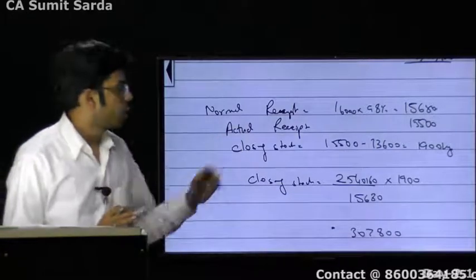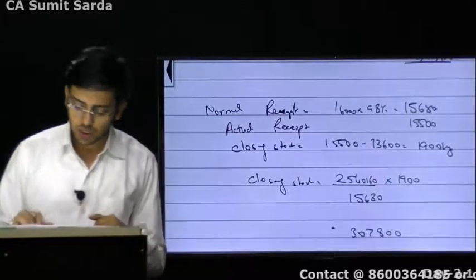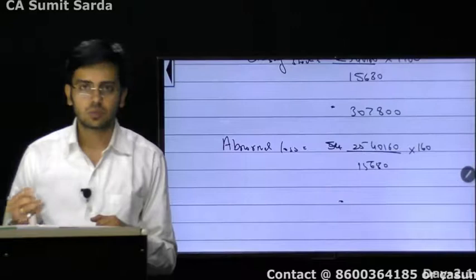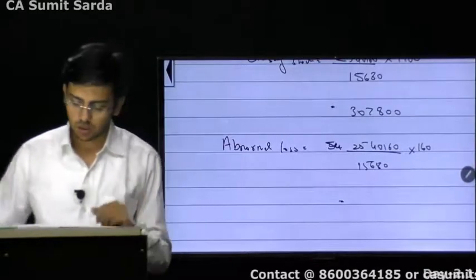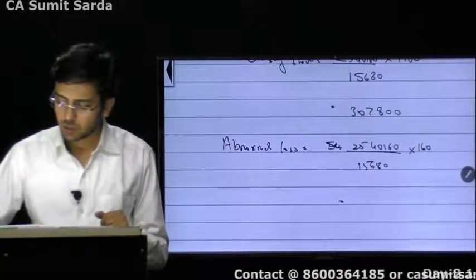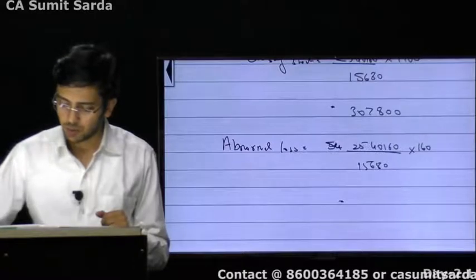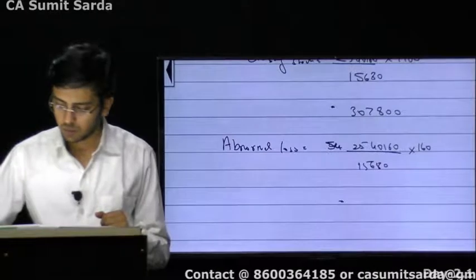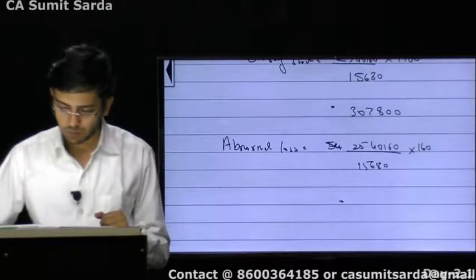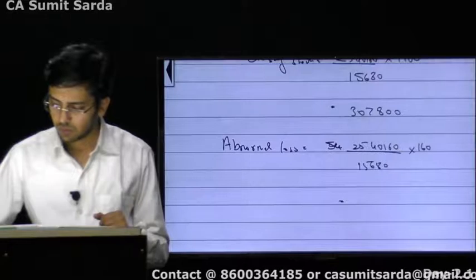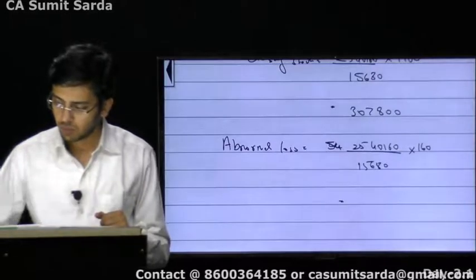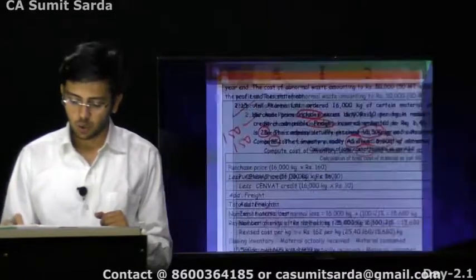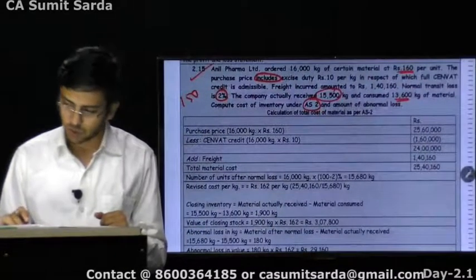So the units that you haven't received will be considered abnormal. What we have not received is abnormal loss. So 25 lakh 40,160 will be divided by 15,680 multiplied by 160.